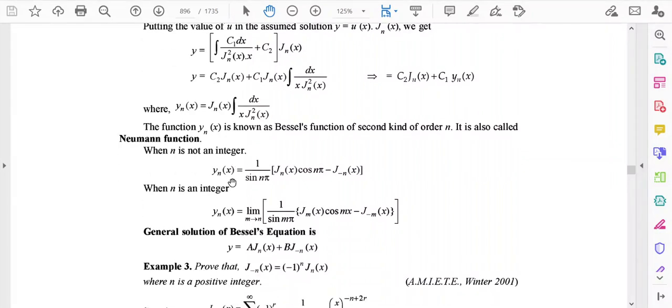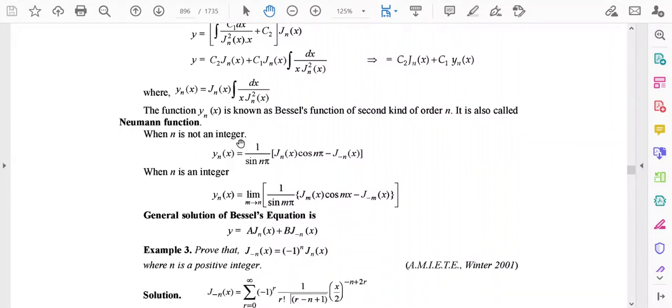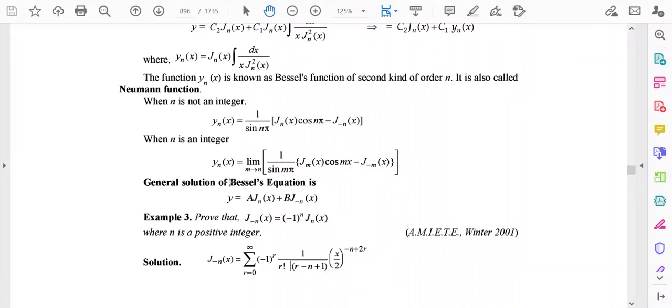It can be observed that when n is not an integer, the Neumann function Y_n(x) is equal to 1/sin(nπ) times (J_n(x) cos(nπ) minus J_{-n}(x)), and when n is an integer, then Y_n(x) is equal to the limit as m tends to n of 1/sin(mπ) times (J_m(x) cos(mπ) minus J_{-m}(x)).